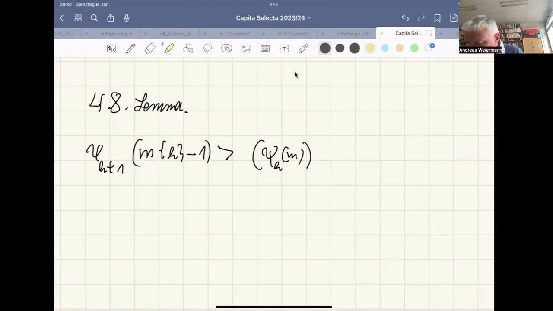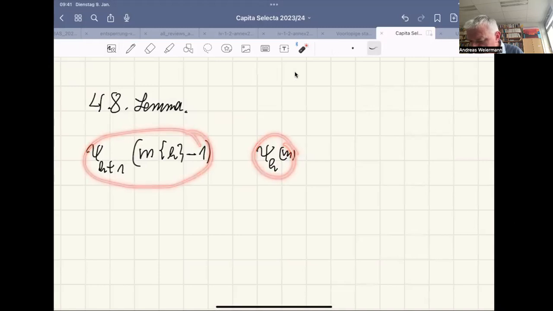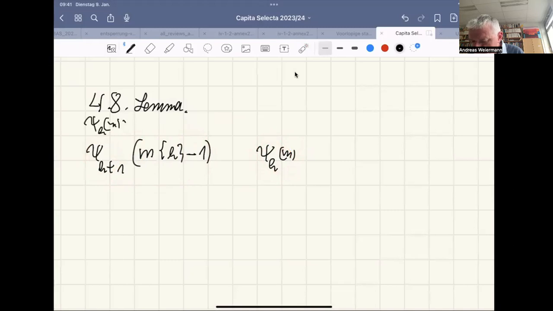So let's consider this number. So again, psi_k of m, this number here is bigger than this number, because this number applied to m_k is just this number. So psi_k of m is bigger than this number.